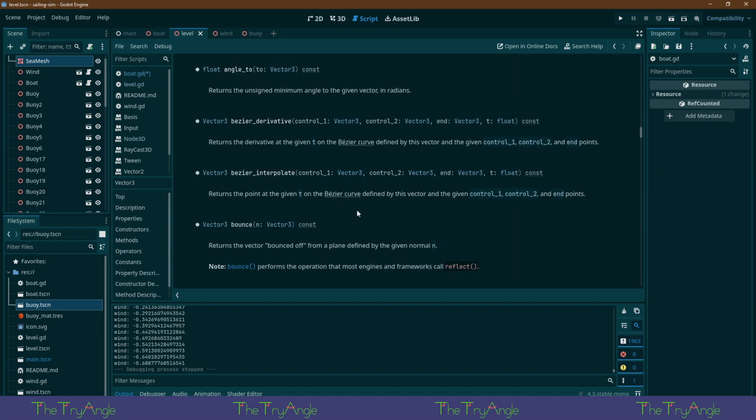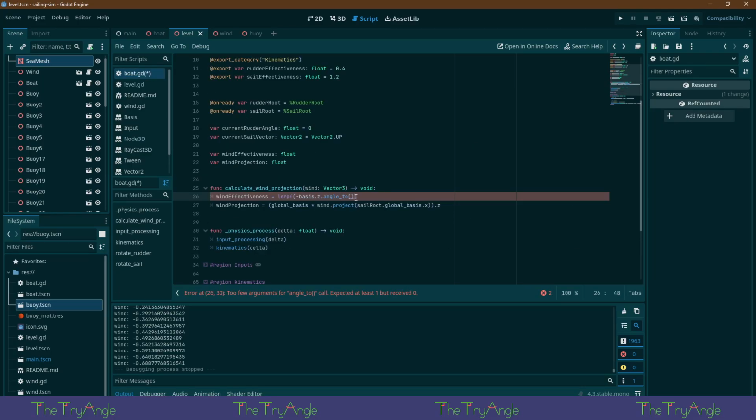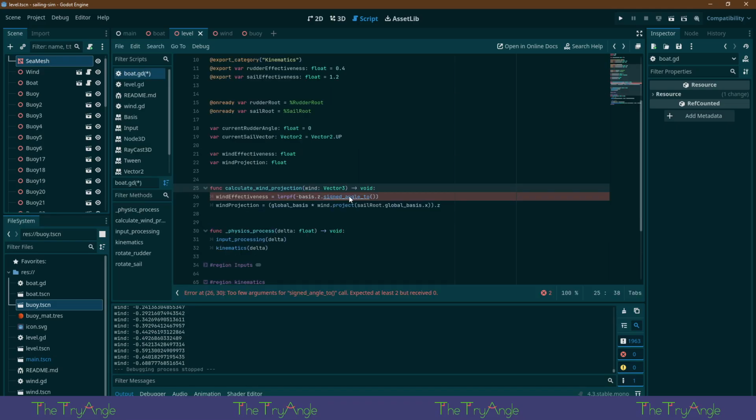I wonder, Vector3 unsigned minimum angle. Yeah, I think there was signed angle 2 as well, but I don't care about that though. Angle 2, the wind itself.